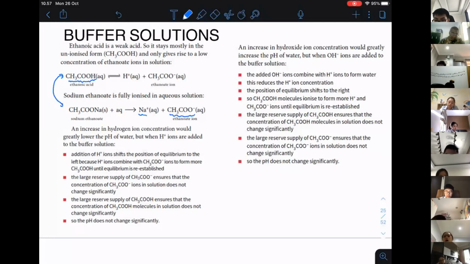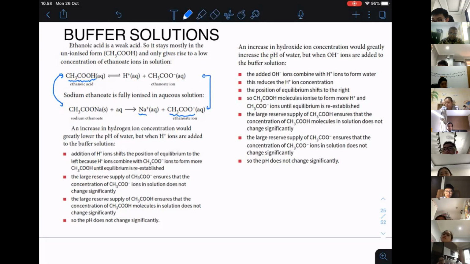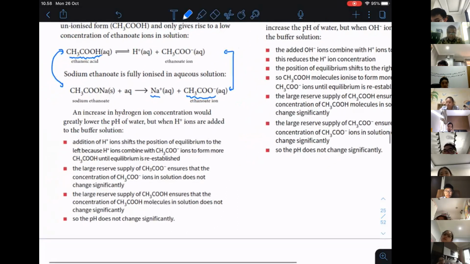So now, using this buffer, let's say I add HCl into this buffer, having these two over there, so I'm adding H plus. An increase in hydrogen ion concentration is supposed to lower the pH.